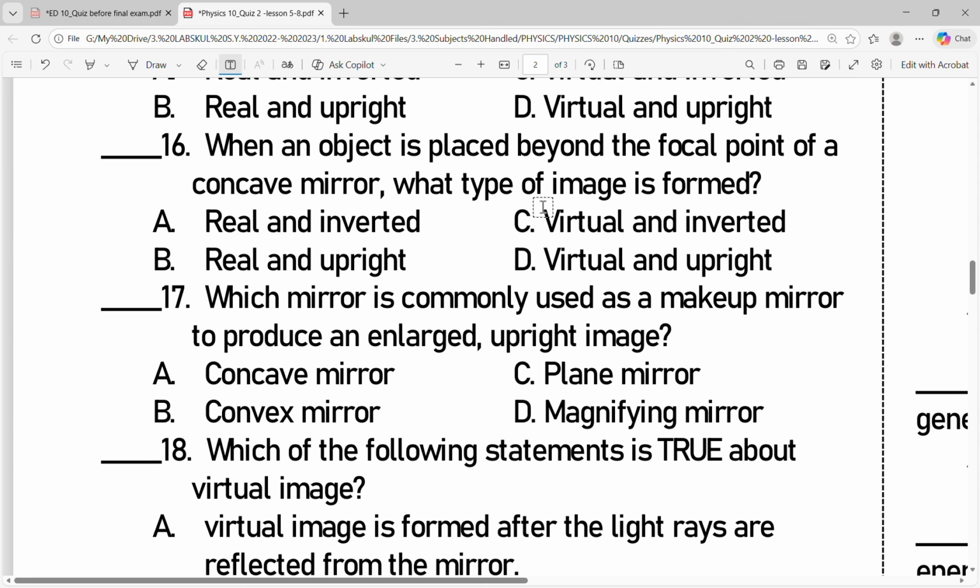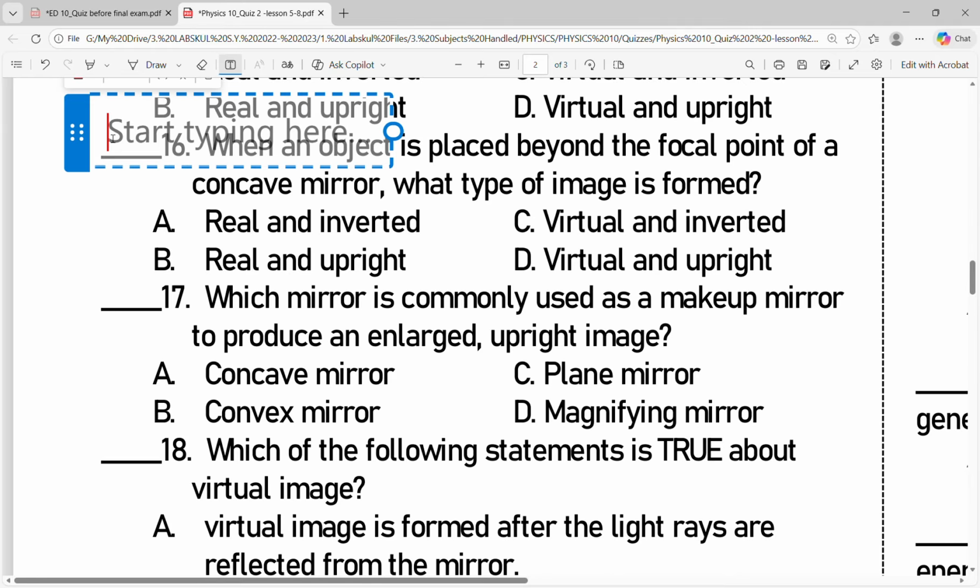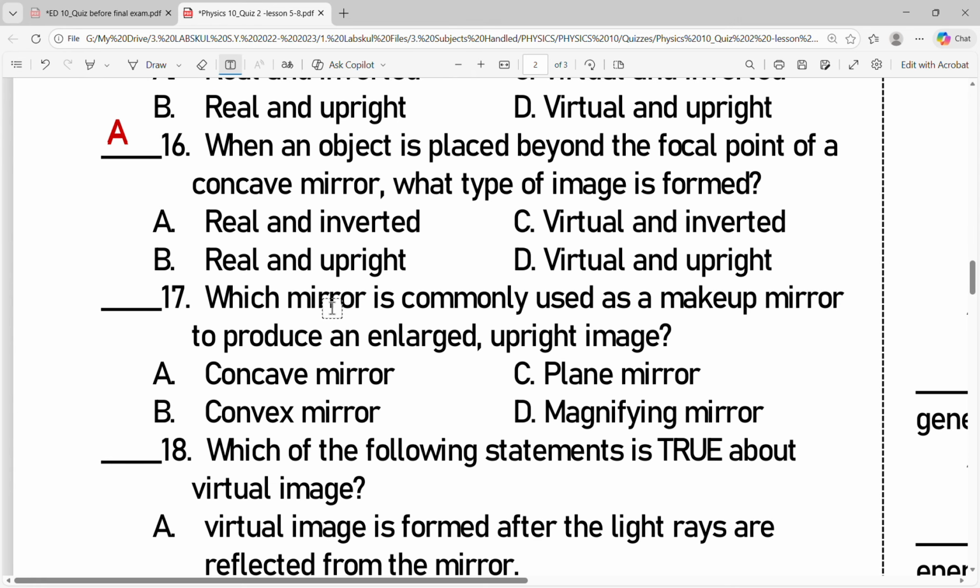And we have repeated many times, both in the simulation activity that we had as well as the personal investigative process, that if the object is located within the focal point, the image will always be upright and virtual. But if it is beyond the focal point, it's always real and inverted. So the answer here is letter A.